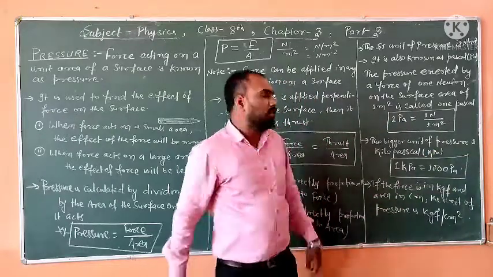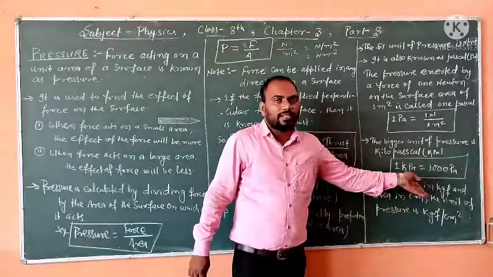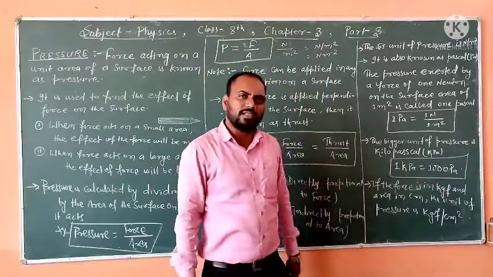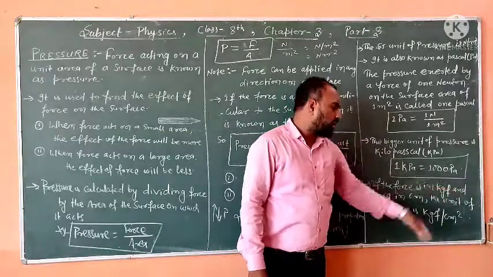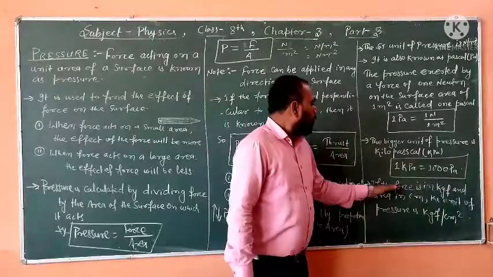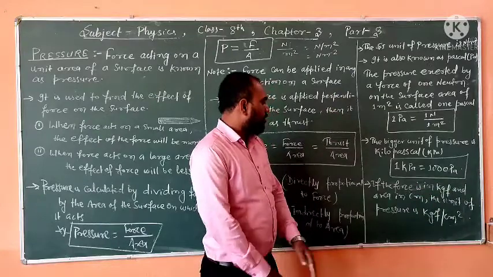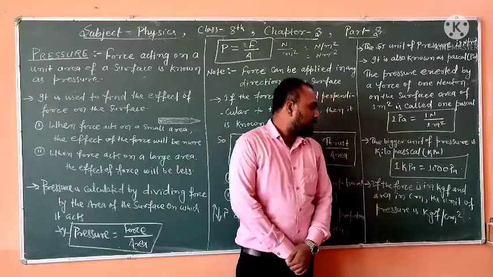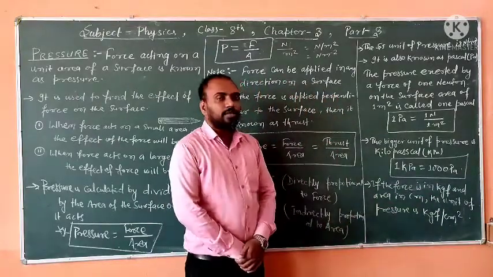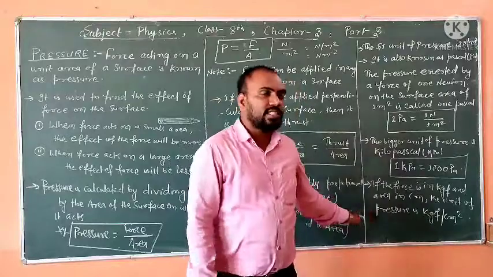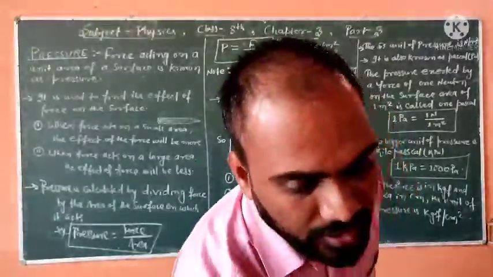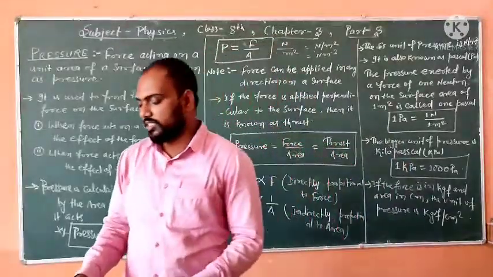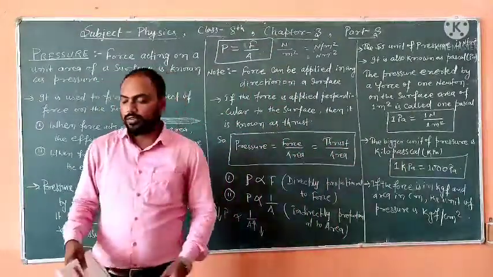So 1 kilopascal means 1000 pascal. If force is in kgf and area is in centimeter square, the unit of pressure will be kgf per centimeter square or kgf centimeter inverse square.